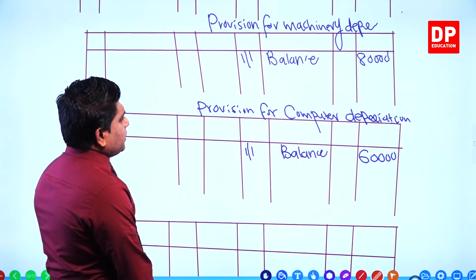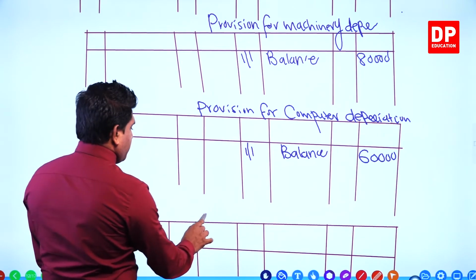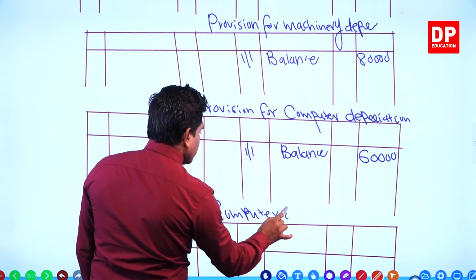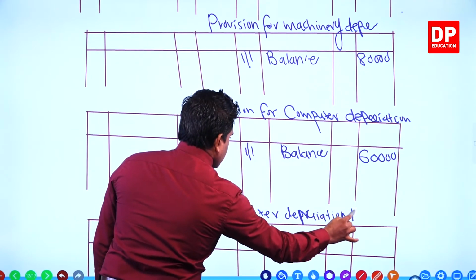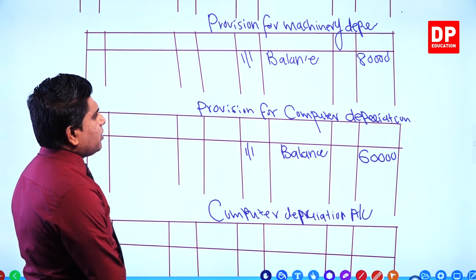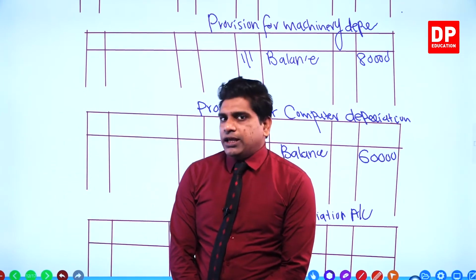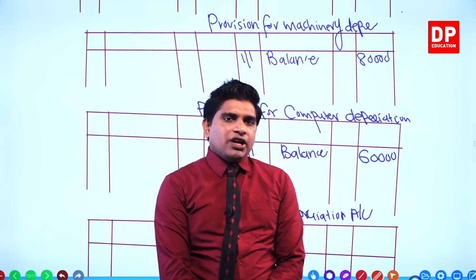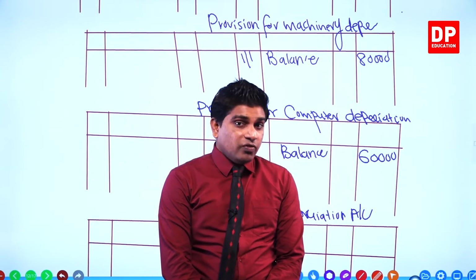Now, not only the provision for depreciation account, we need the computer depreciation account also. You name this account as what? Computer depreciation account. Right? Okay. You remember here I teach you only bad debts and depreciation related adjustments. Why?